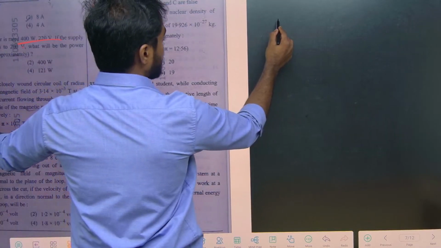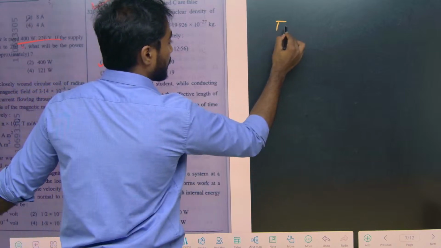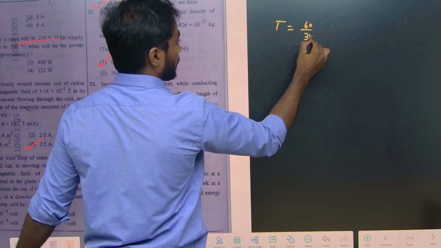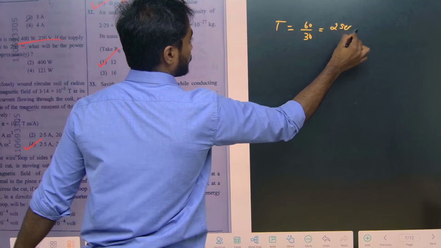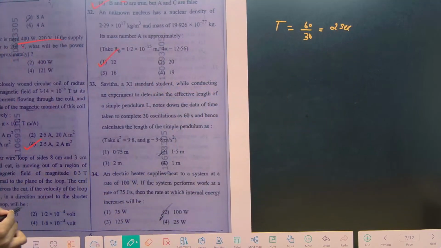So 30 oscillations in 60 seconds, so time will be 60 by 30, which is nothing but 2 seconds. And hence calculate the length of the simple pendulum.